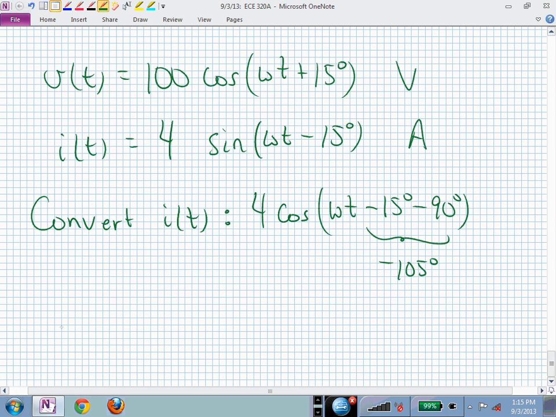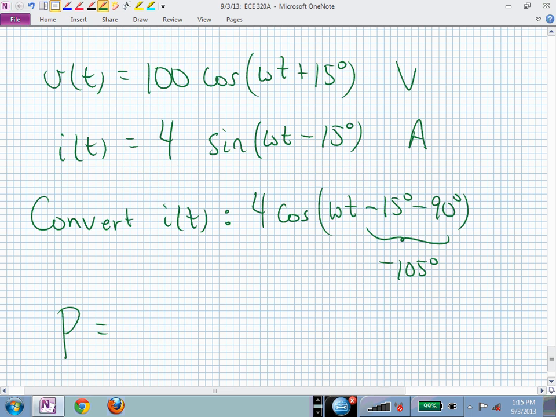What's the real power based on this information that we now have? So what is my power formula? You remember? VI. So that would be the instantaneous magnitude, wouldn't it? But we want, this is a capital P if you can't read my handwriting. I want the average power.